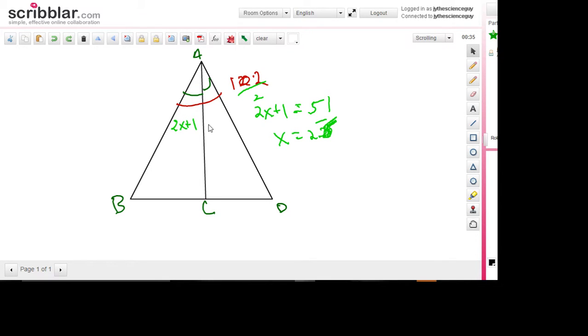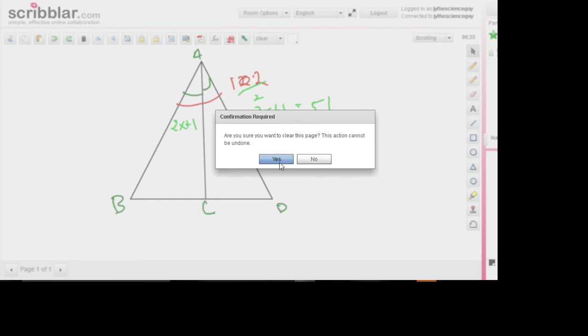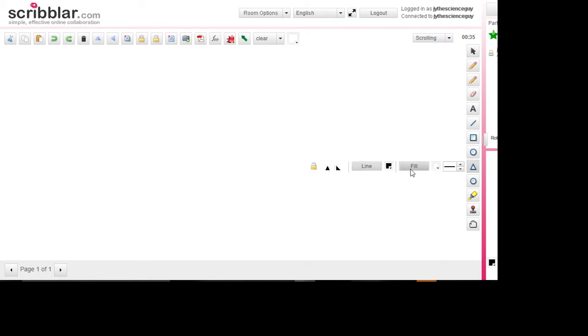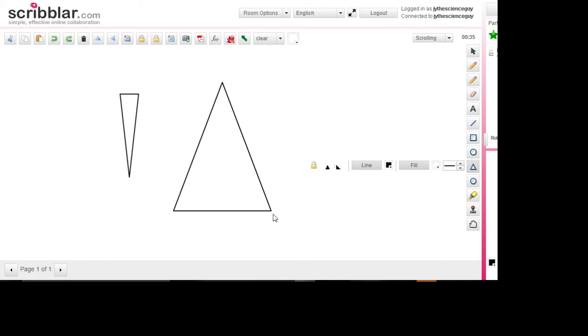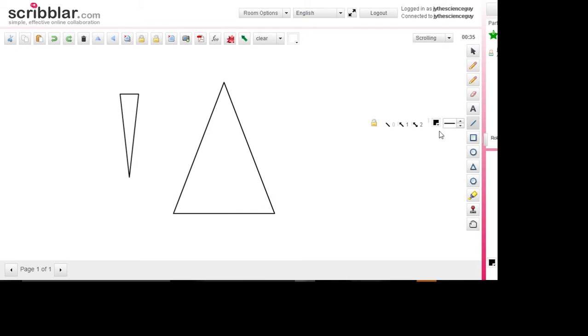So let's just redraw it. That doesn't really look right, does it?